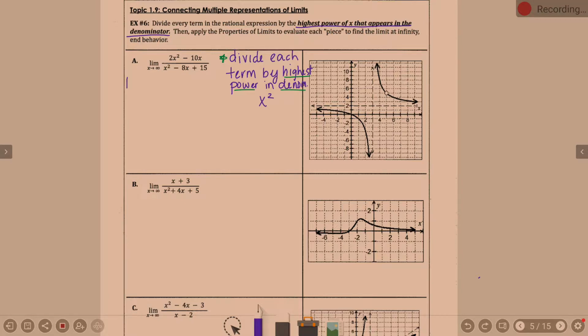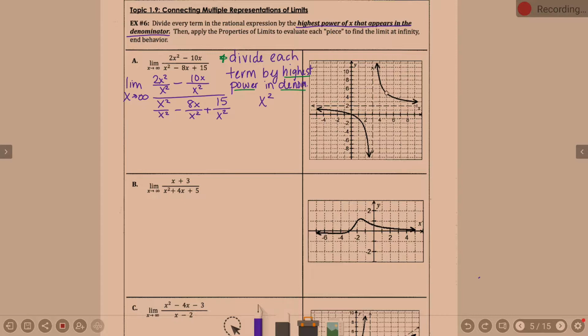So the limit as x approaches infinity, I'm going to write out the long way for right now: 2x squared divided by x squared, minus 10x divided by x squared, all over x squared divided by x squared, minus 8x divided by x squared, plus 15 divided by x squared.